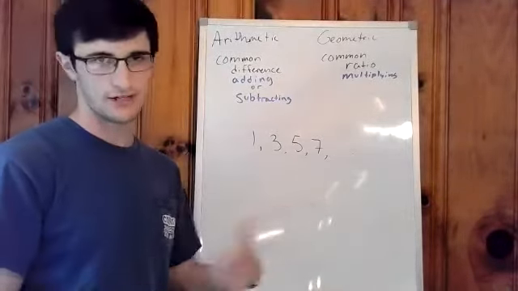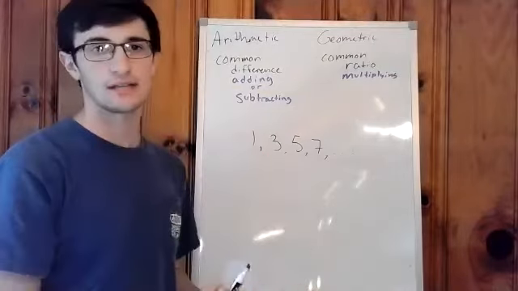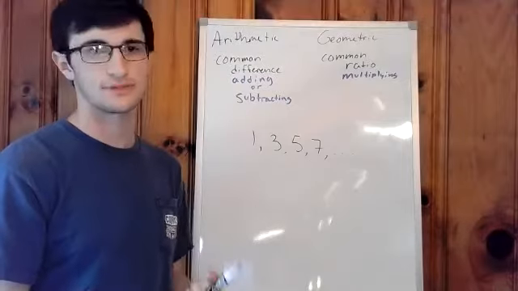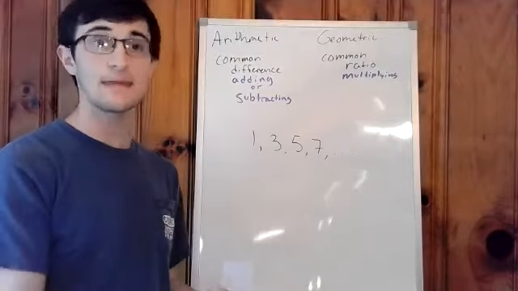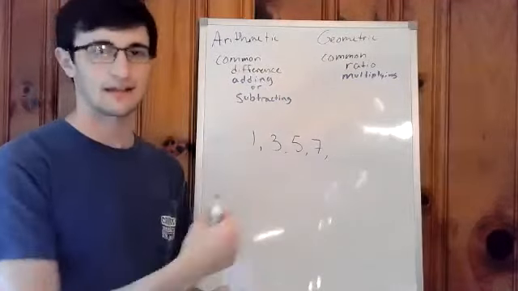I don't want to keep adding or subtracting by the common difference. And I want to just kind of get there quickly. Well, we can build formulas that are called explicit formulas to help us get there immediately instead of recursive formulas that kind of have us keep adding and keep adding and keep adding.